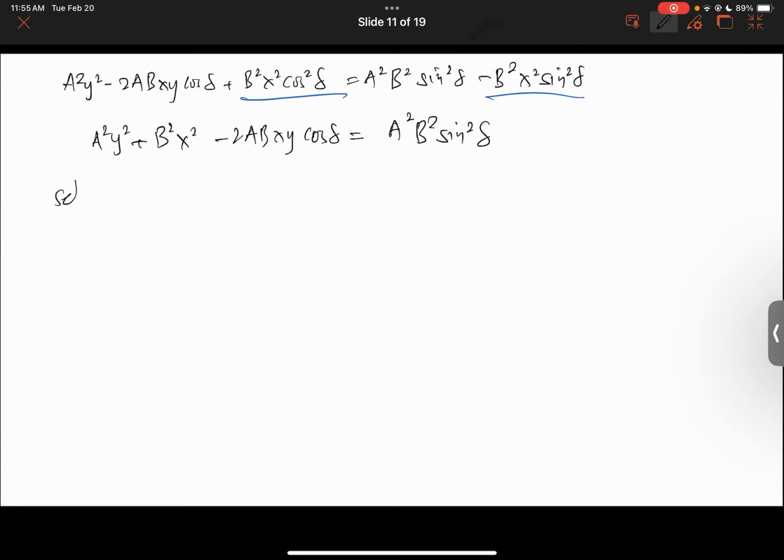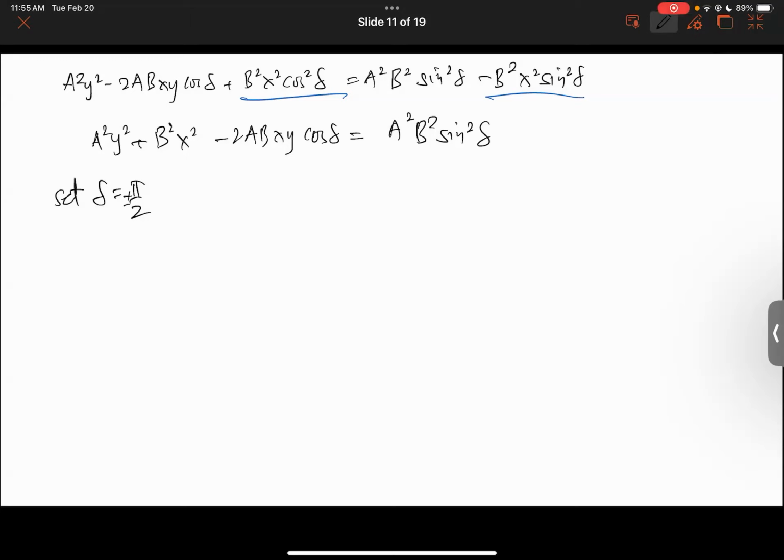Now, we set delta equal to pi over 2, plus or minus pi over 2. When we do that, ano ang cosine ng pi over 2? Ang cosine ng pi over 2 is 0, tama? And ang sine ng pi over 2 is 1.